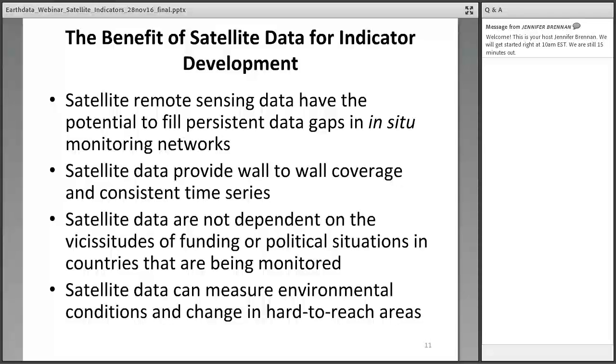So if there's civil unrest or an economic downturn in a country that causes their environmental monitoring networks to be offline for a period, the satellite data are still out there collecting the data. And they can measure environmental changes and conditions in really hard to reach areas like the deepest parts of the Amazon.